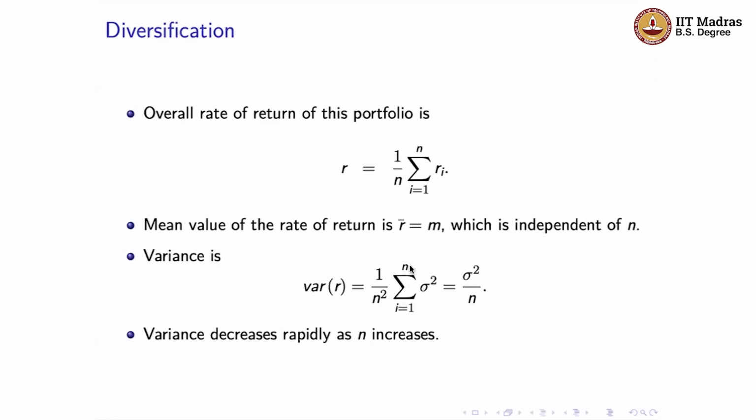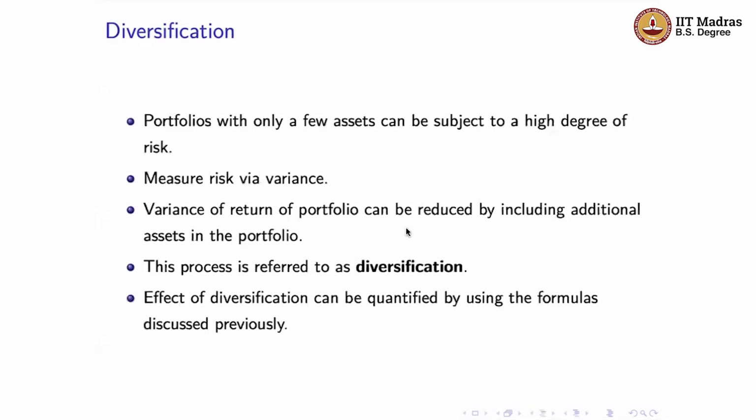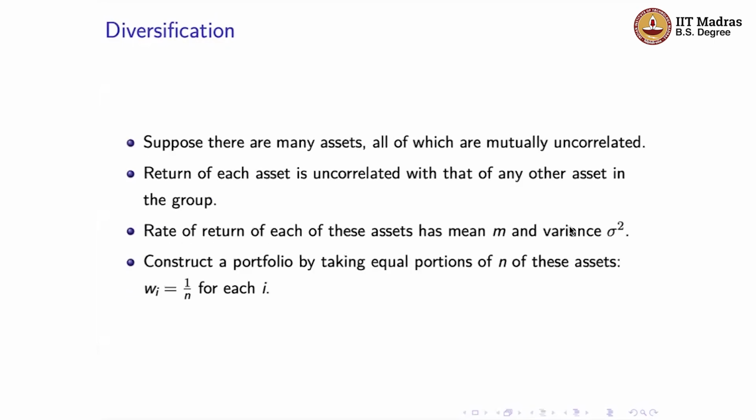So this whole thing becomes n sigma square, and you can cancel one of the n's so that you end up with the variance of R being sigma square by n, right? So as n is going up, this variance is actually going down. This is the idea that the variance of the return can be reduced by including additional assets. So it makes sense here.